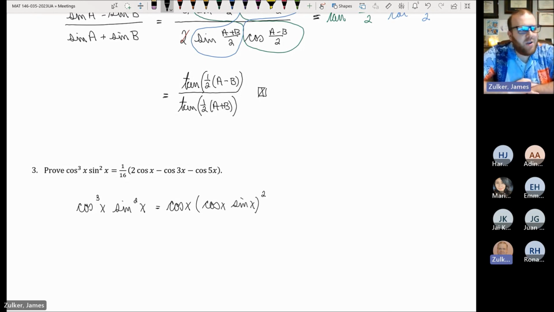Right, and then we're going to be left with a cosine times sine all squared. Right. Multiplication is commutative, right? So we can switch the order and write that as sine times cosine instead.